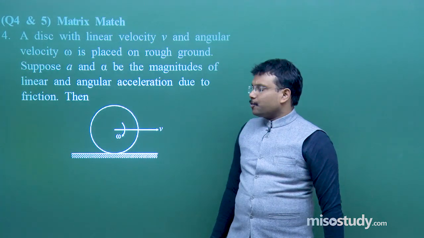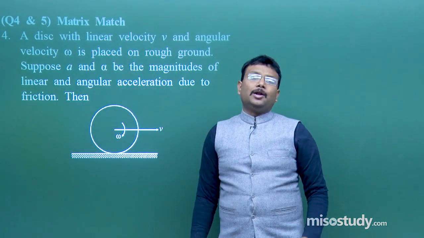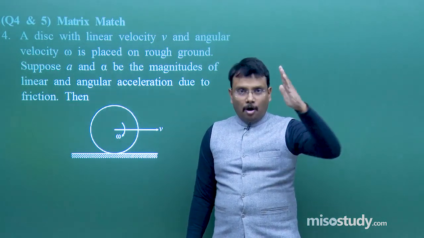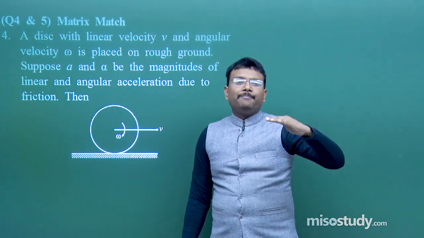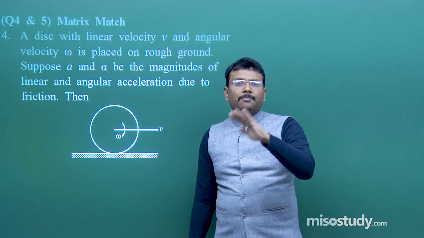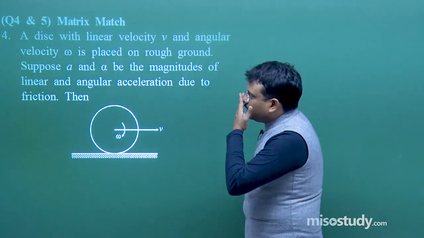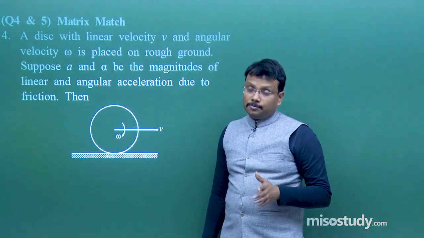So in these type of questions, it is possible that more than one item of table 1 may match with more than one item of table 2. So we should be very careful with these type of questions also.